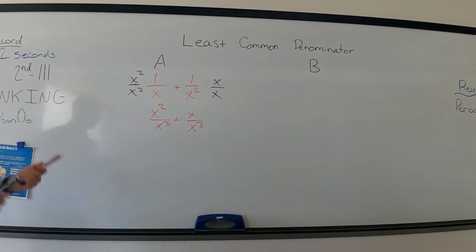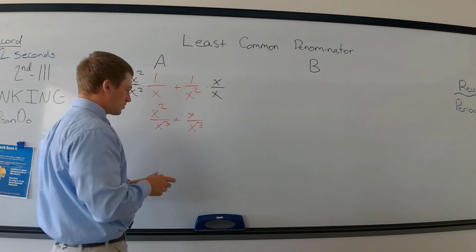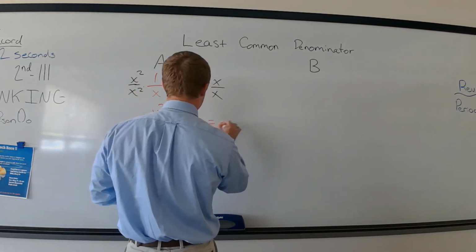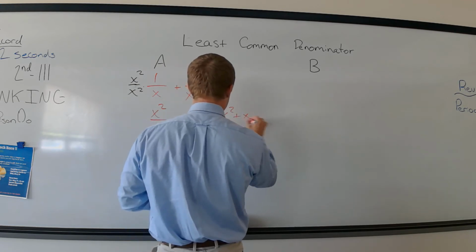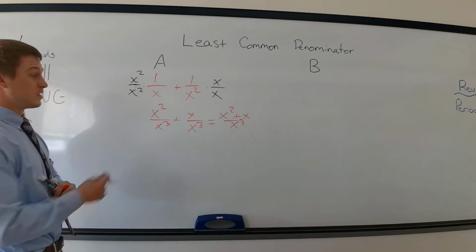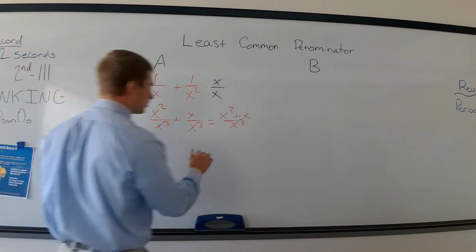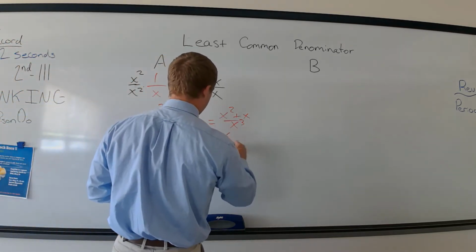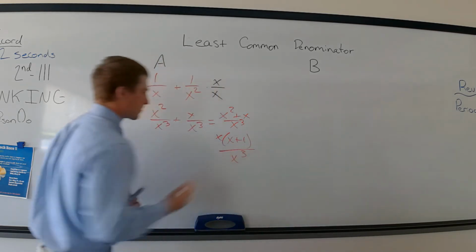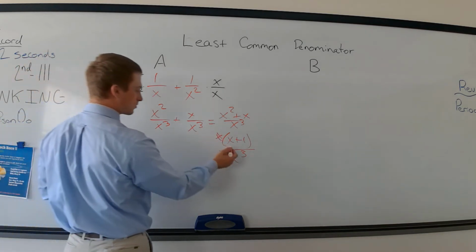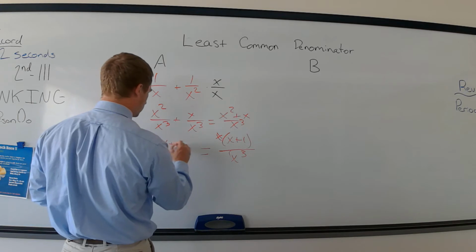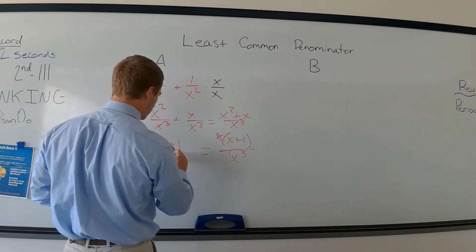and then we can add, because we have a common denominator. So we'll have x squared plus x over x cubed, and then I just have to factor out an x, and then I can cancel one x, so I'll be left with x plus 1 over x squared.